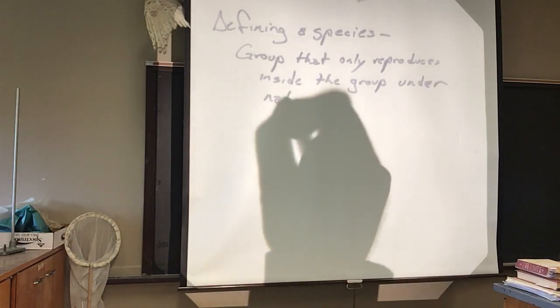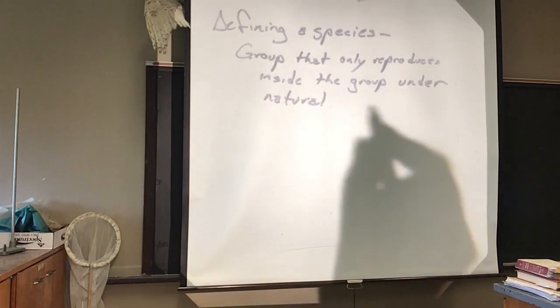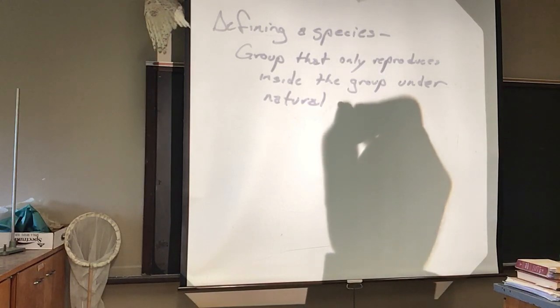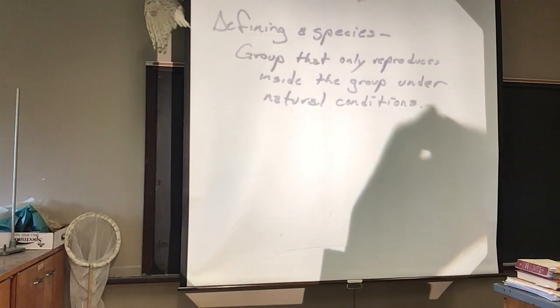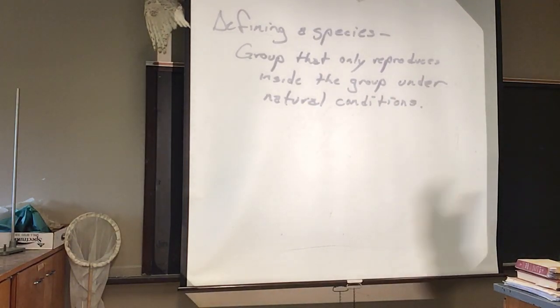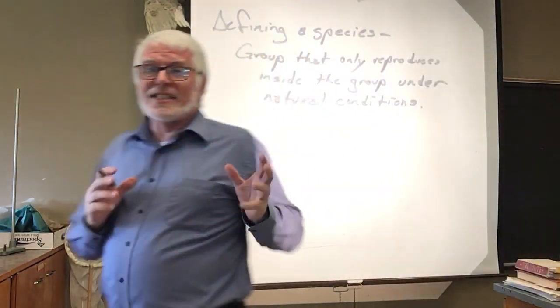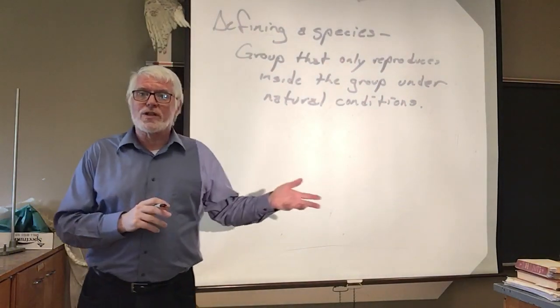This is kind of a way of throwing up your hands and saying, well, they know which group they belong to. Why don't we let them do it? So it's a group that in nature sticks to its group. They know who belongs to the group.